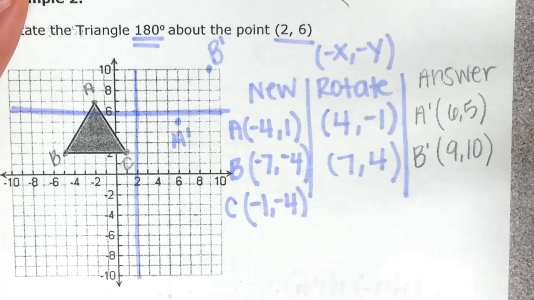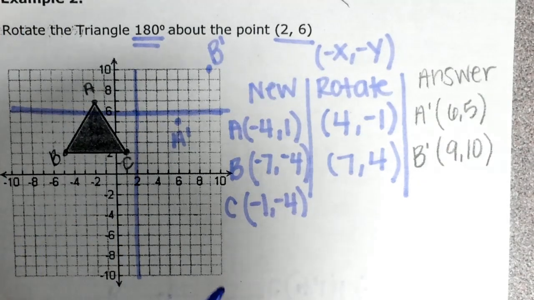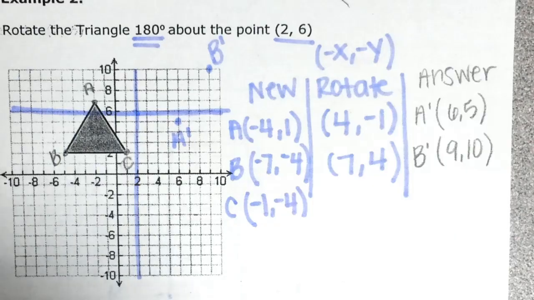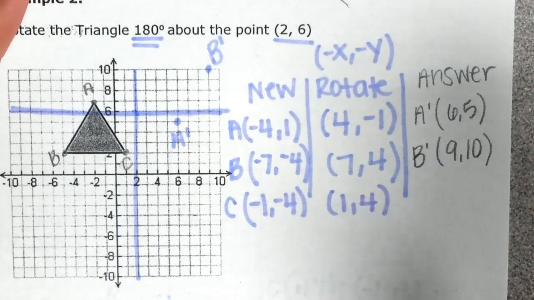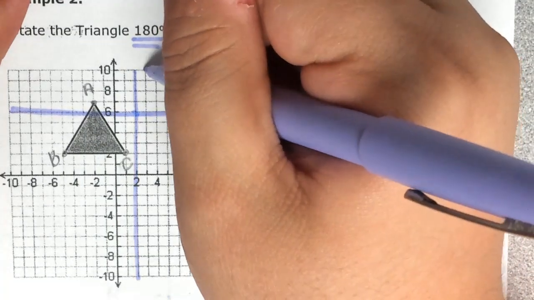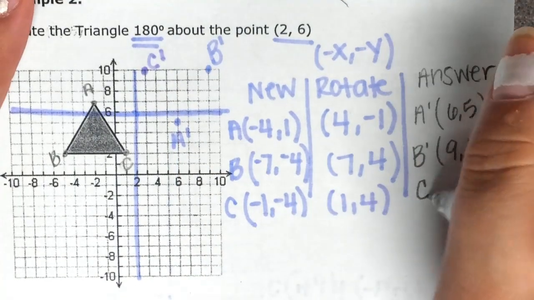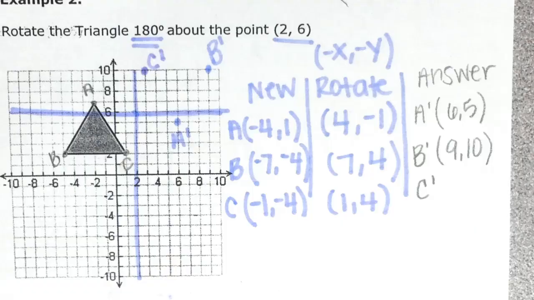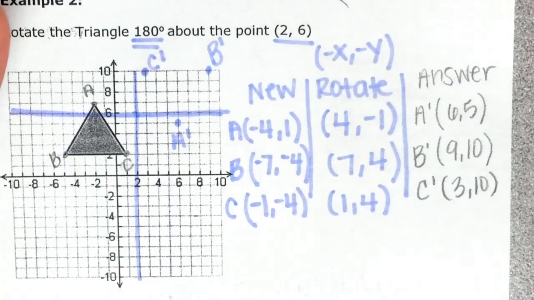And if I rotate that 180, what do I get? 1, 4. Plot that on your graph. Right 1, up 4. And where is C prime? 3, 10. And those are your answers.